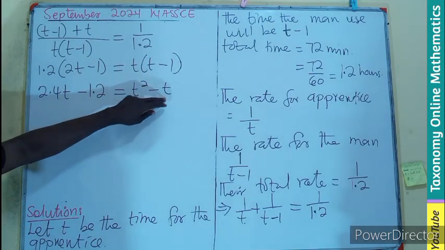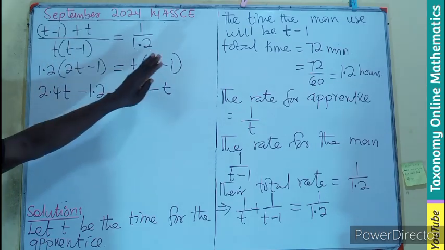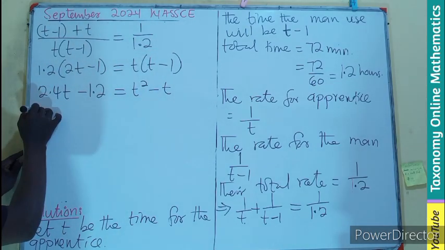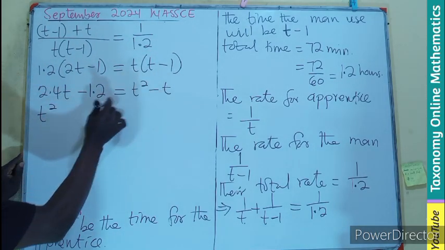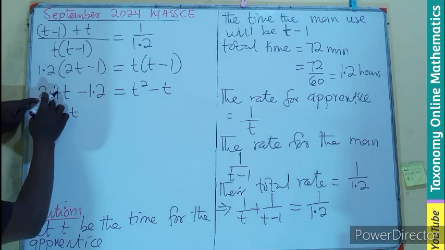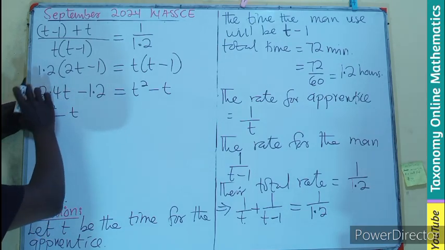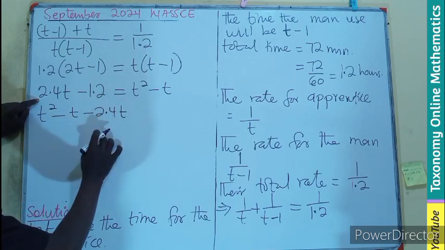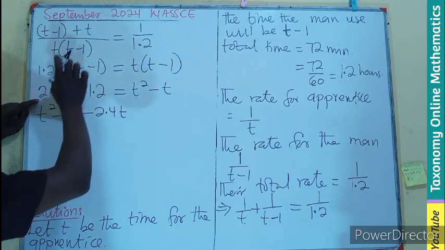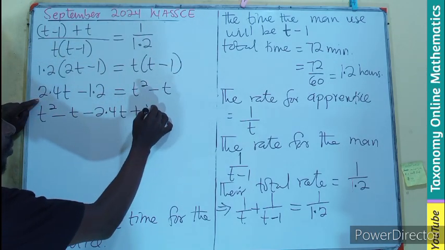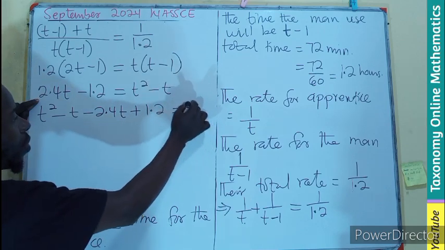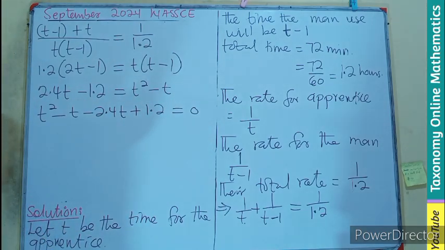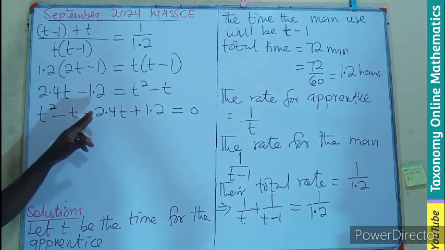I see t squared, so let's group everything to the right, meaning t squared minus t, this is positive, the 2.4t becomes negative. This negative 1.2 is also coming to become plus 1.2, equals 0. Don't forget this is t.